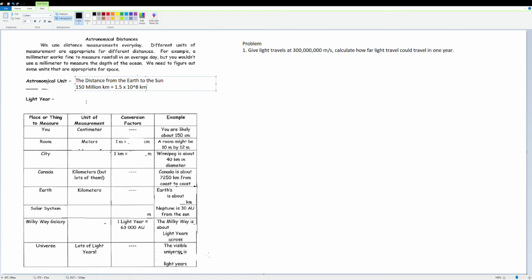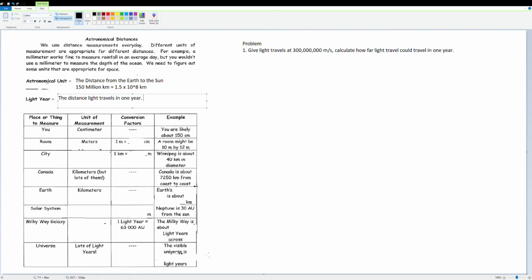The next one, which you've probably heard of before, and the one most used to describe distances in space, is a light year. A light year is exactly what it says: the distance light travels in 1 year.